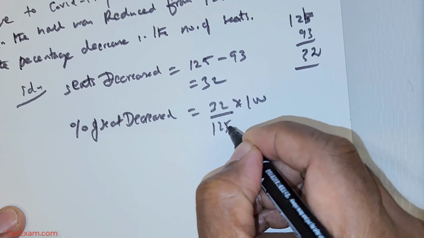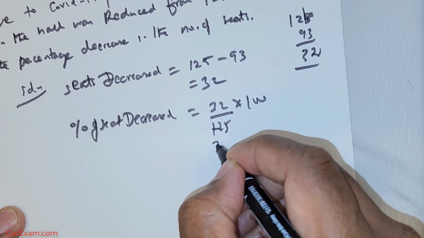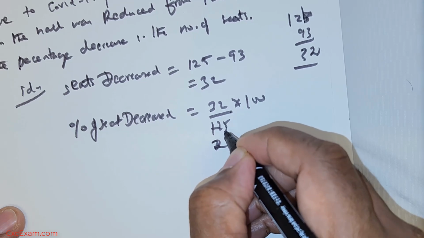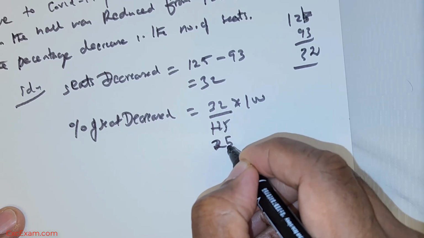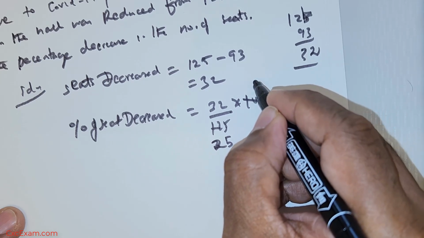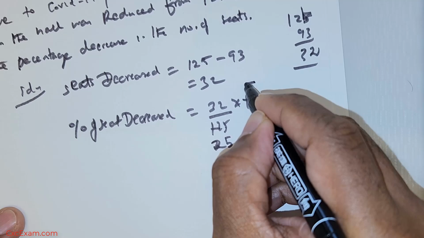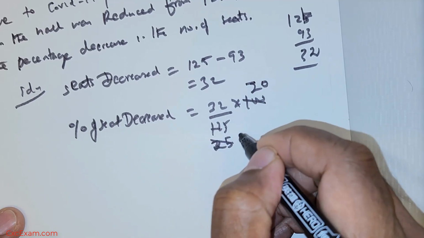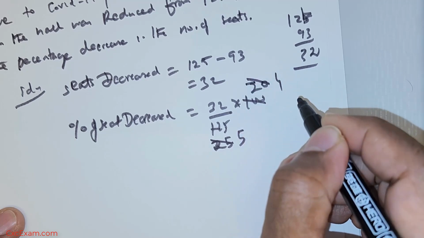So 5 divides here, 5 2s are 10, carry 2, you have 25, 5 5s are 25, and 5 divides 100, 5 2s are 10, and 20 times. 5 divides again 5 times, 5 divides 4 times.